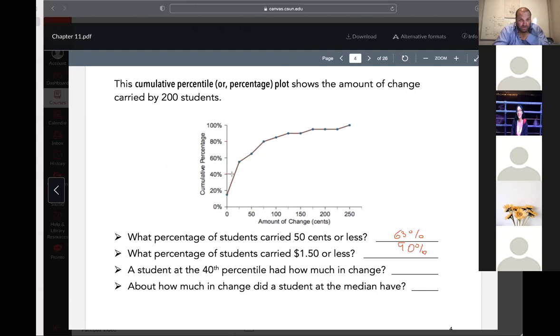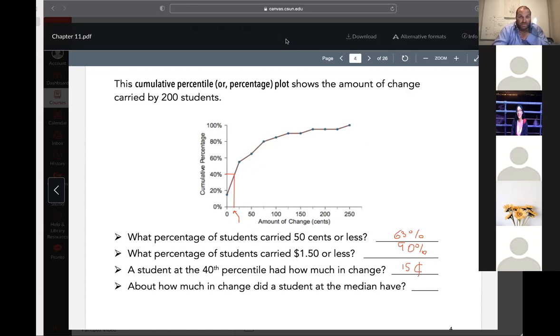Here's the 40th percentile, right? And that will be the amount that corresponds to the 40th percentile. So would it be 15 or less? It looks like about 15 cents. Does that make sense? No pun intended.